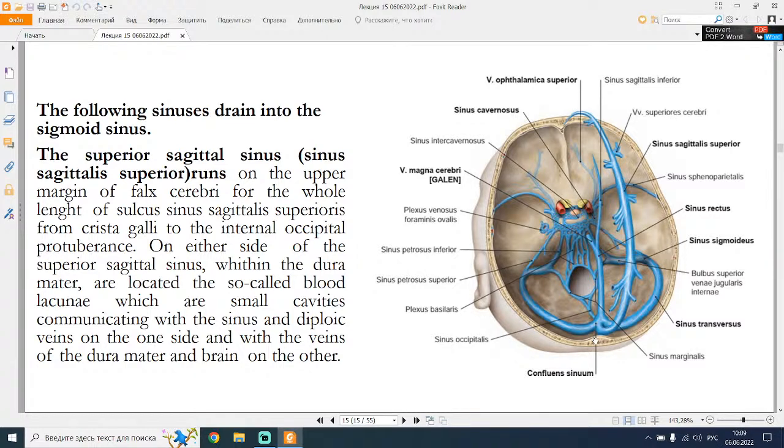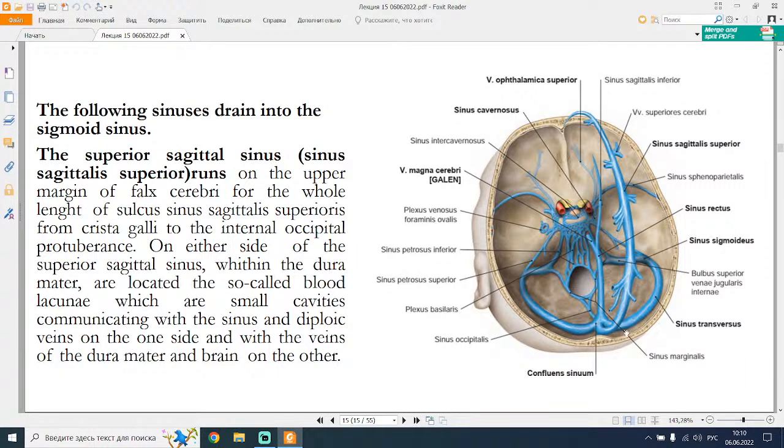On either side of the superior sagittal sinus, within the dura mater, are the so-called blood lacunae, small cavities communicating with the sinus and the diploic veins on one side and with veins of the dura mater and brain on the other.